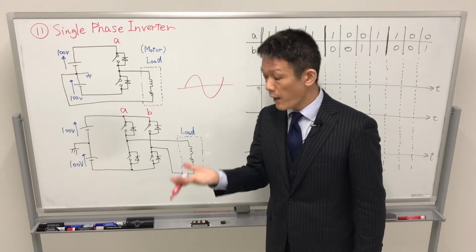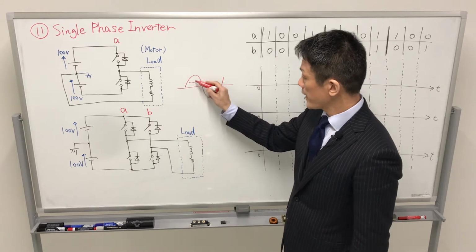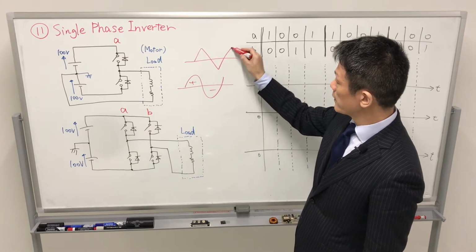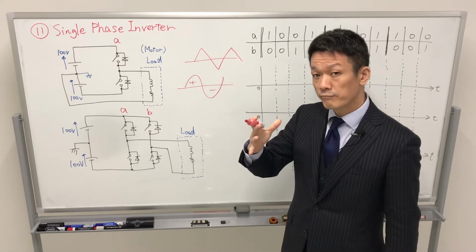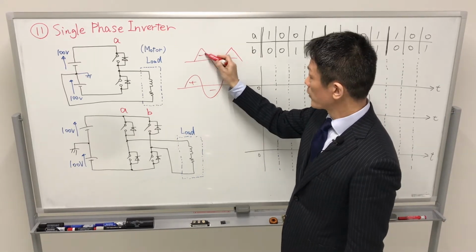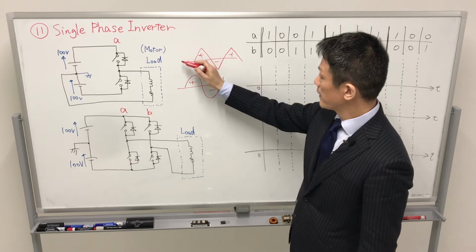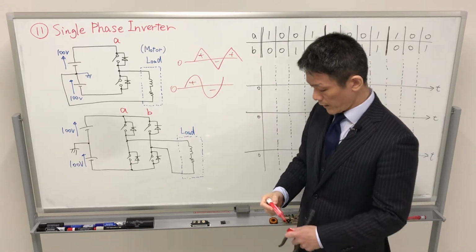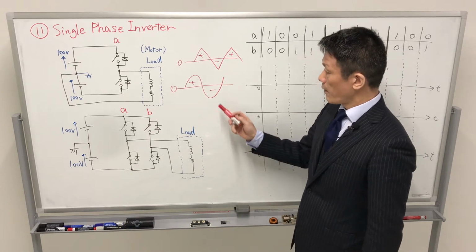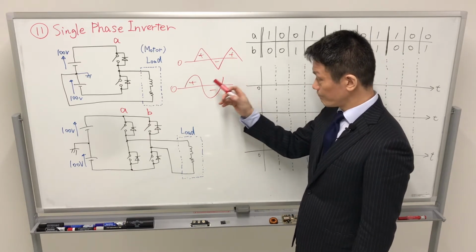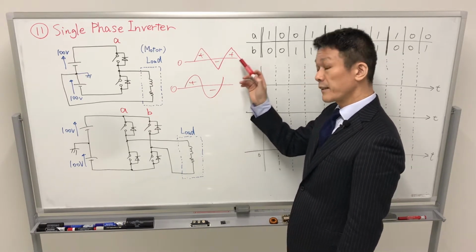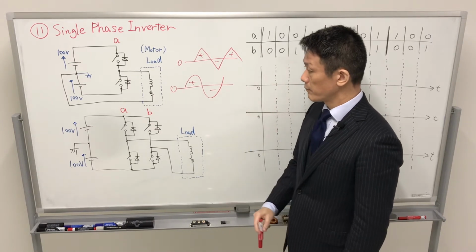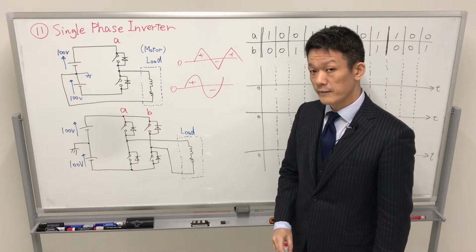AC current is alternating plus and minus, so that we can obtain, for example, this alternating AC current, plus minus, repeatedly, alternately moved. That is the AC.